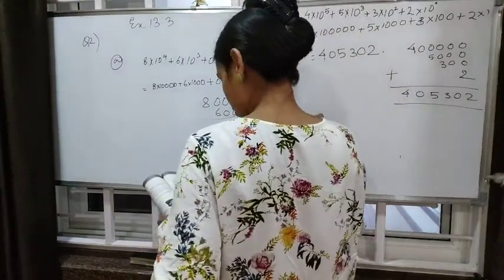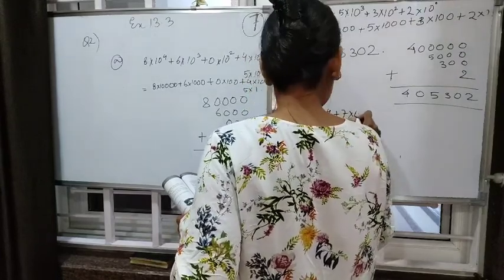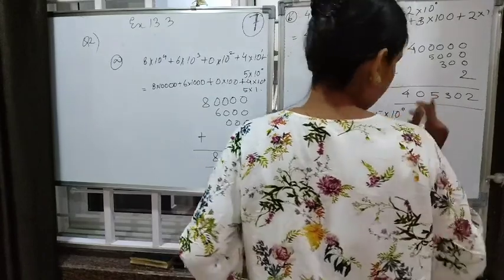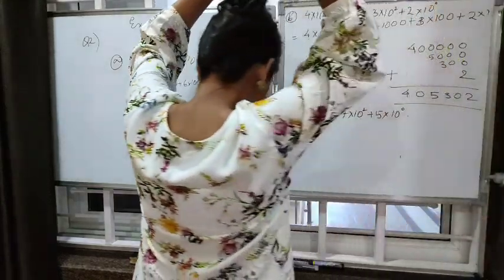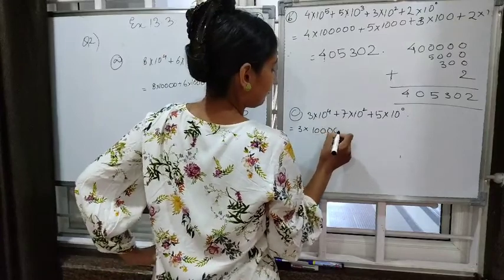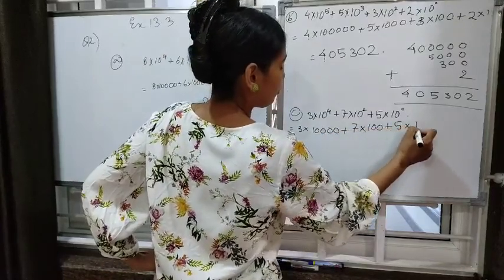We do the C part also. 3 into 10 raised to 4. So let's start. So this gives us 3 into 4, 7 into 100, 5 into 1.